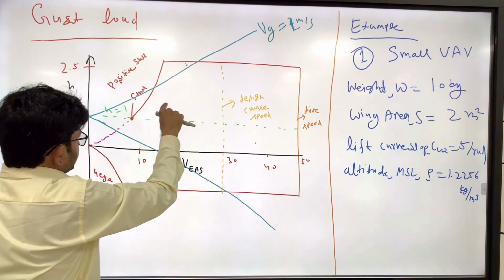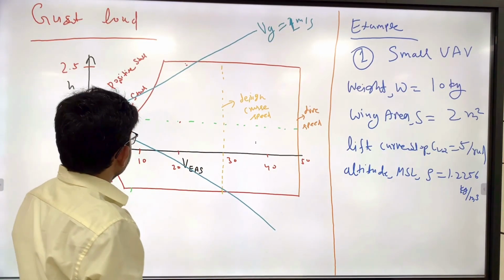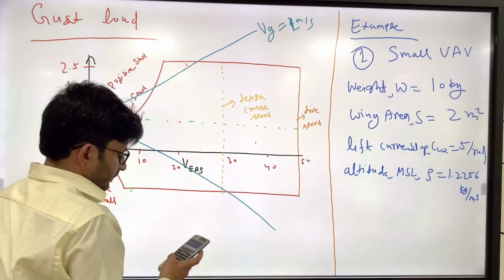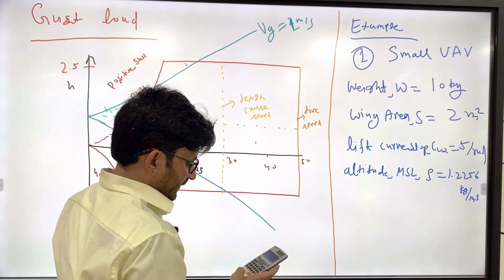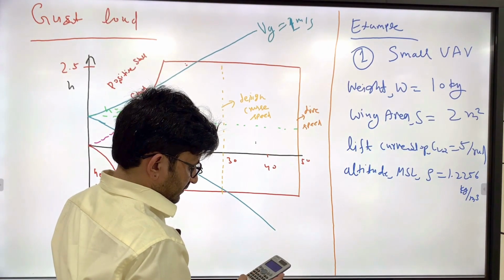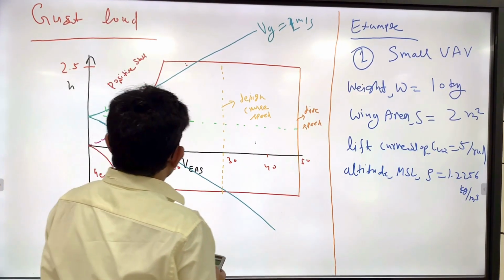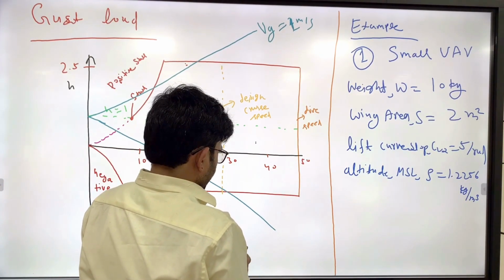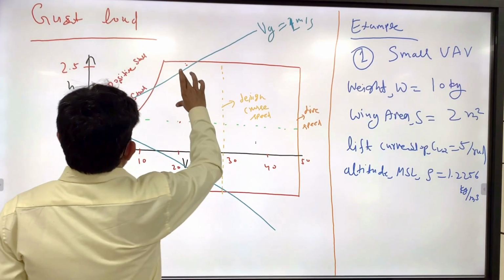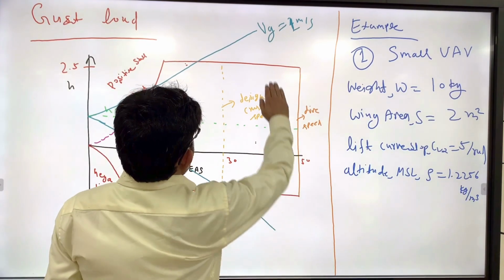But if you increase the speed, let's say at a design speed, for example, if you are flying at 20 meters per second, you will have a change in load factor of 1.24, right? So 1.24 plus 1 is 2.24, that means it will be less than 2.5, so it will be inside the envelope only. So that is Vg equal to 1 meter per second.